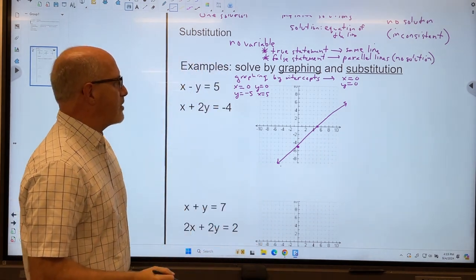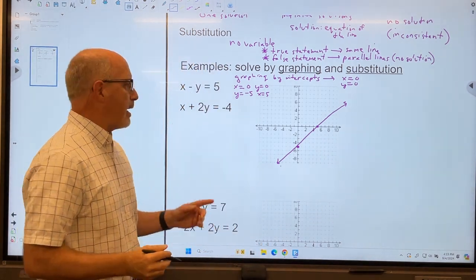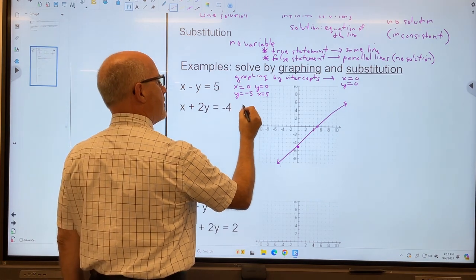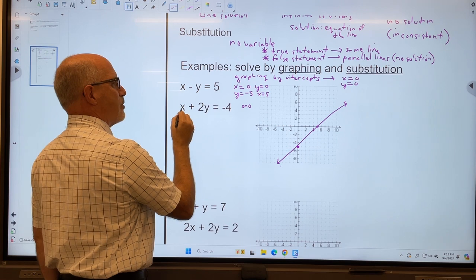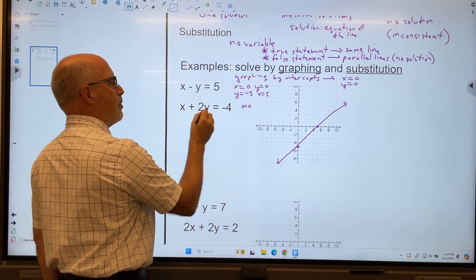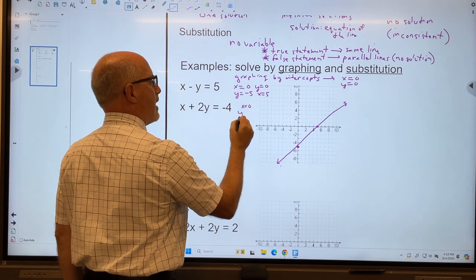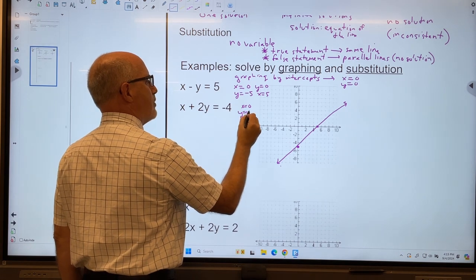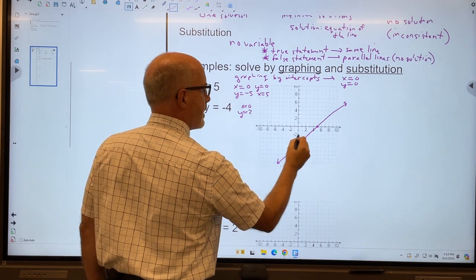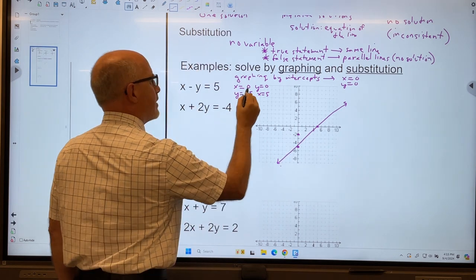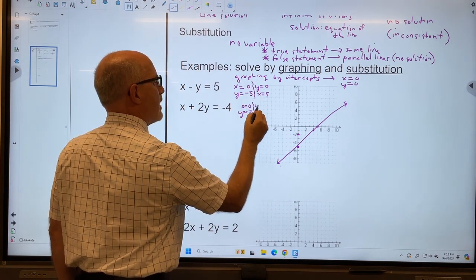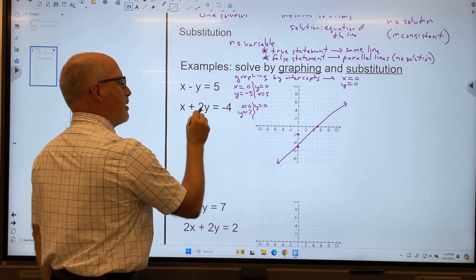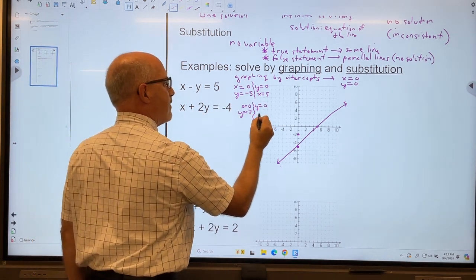Now let's graph this one the same way. I'm going to put in x equals 0, and you get 2y equals -4, so y equals -2. Now I put in y equals 0, and x would equal -4.